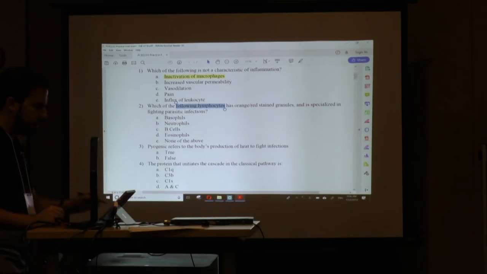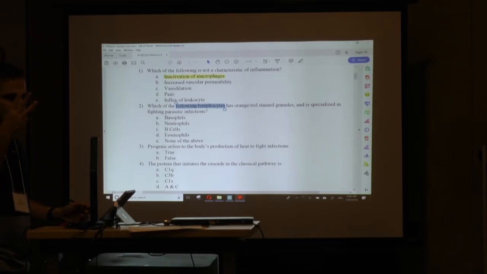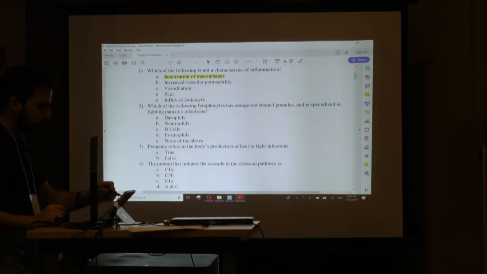And then you think about, what do I know? Which cells do I know are lymphocytes? There's 3 of them: B, T, and NK, right? Now, are any of those involved in fighting parasitic infection, and do any of those have orange-red stained granules? No, right? Those would be eosinophils, technically, but these are not lymphocytes, so the correct answer is none of the above.